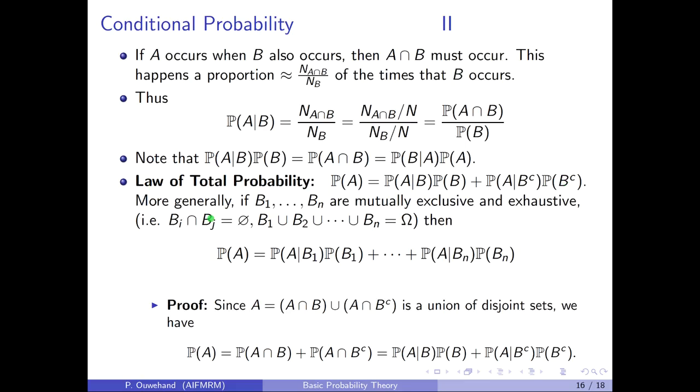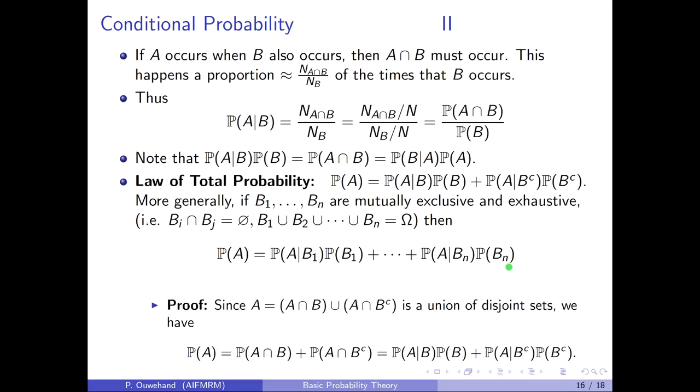More generally, if B1 up to Bn are mutually exclusive and exhaustive events, and by that I mean that any two have empty intersection and that the union of all the B's is the entire sample space, then the probability of A is simply the probability of A given B1 times the probability of B1 plus the probability of A given B2 times the probability of B2 all the way up to the probability of A given Bn times the probability of Bn.